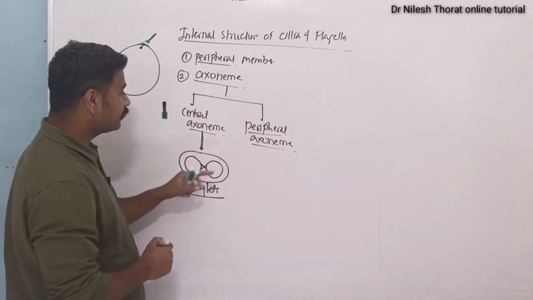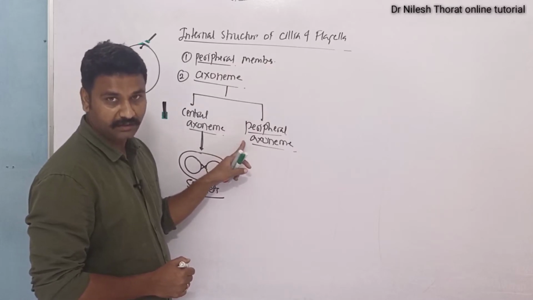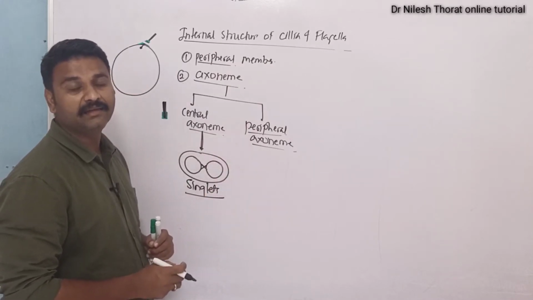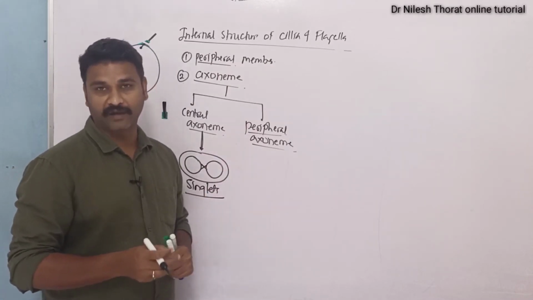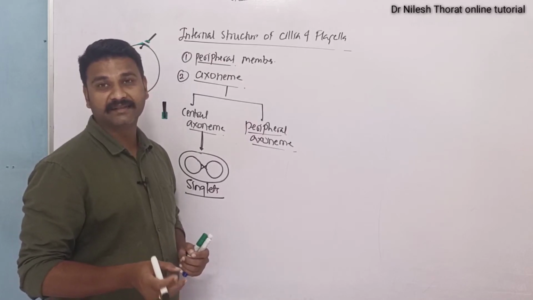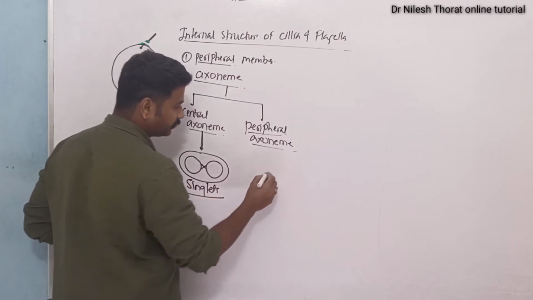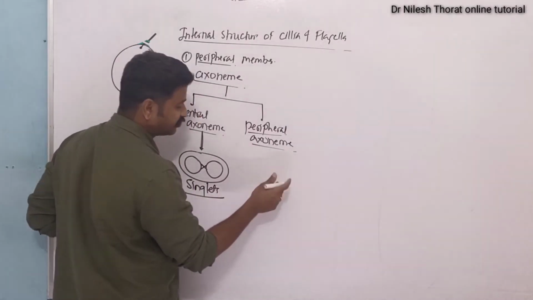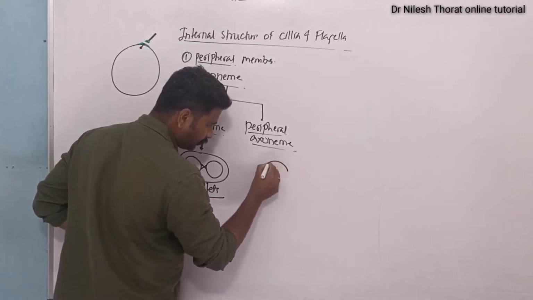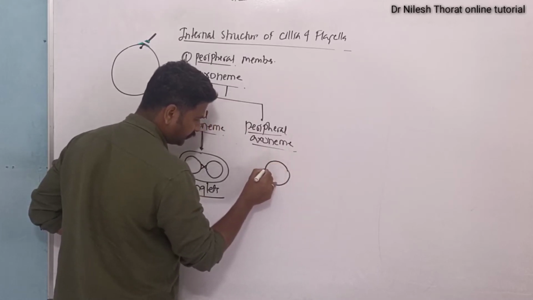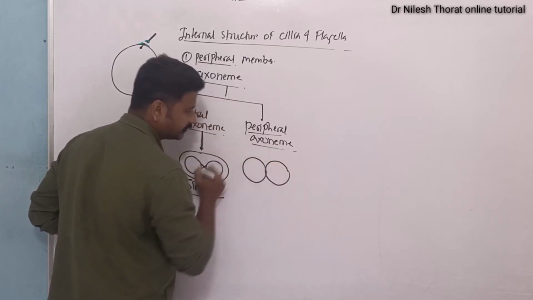Clear? Then a peripheral axoneme consists of 9 evenly placed microfibrils which are called as doublets. So there are actually two microtubules which are present in the peripheral axoneme. This is one and this is another.